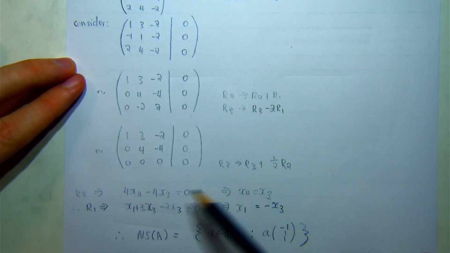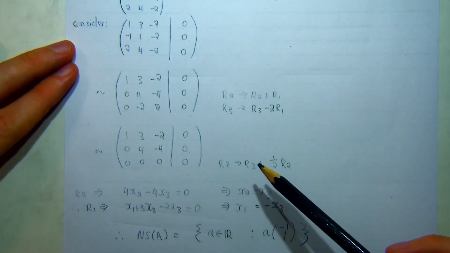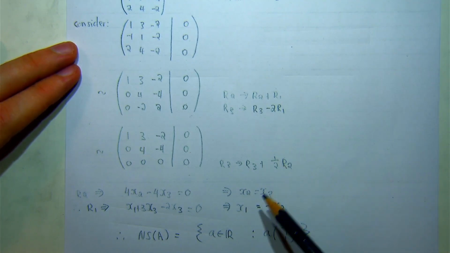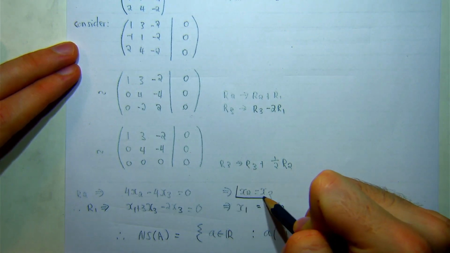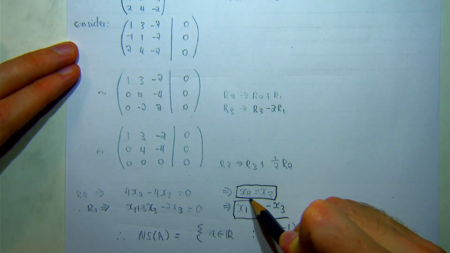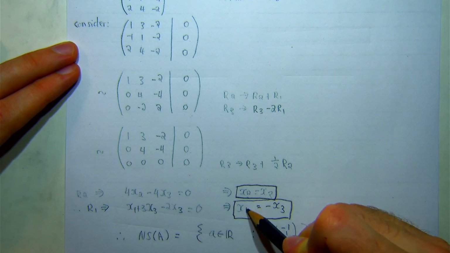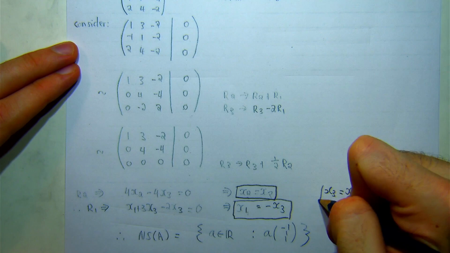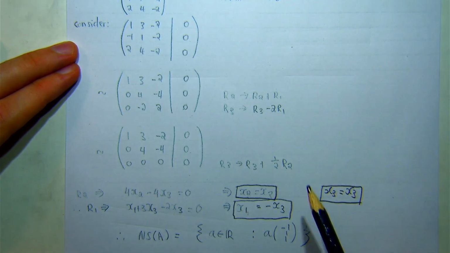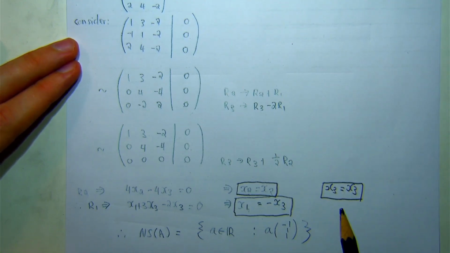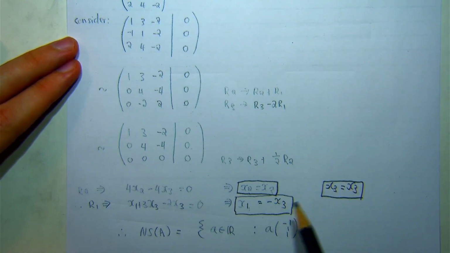I'll leave this, you can pause if you like and solve this yourself mathematically. But what you end up getting is x2 equal to x3 and x1 equal to minus x3. So because these two are in terms of x3, then we can think of it like this, where x3 is equal to x3. And now we know how to represent all of them in terms of x3. So it's minus 1, 1, and 1.